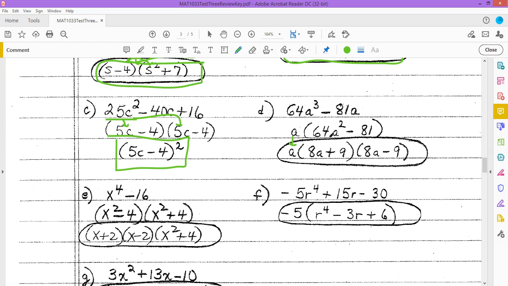And 64a squared minus 81, this is a difference of perfect square terms where you can identify your a and b. A term, our 8a, we're squaring 8 to get 64, and we're squaring a to get a squared. So 8a and 8a. And our 81, we square 9, so our b term is going to be 9. Our factors are 8a plus 9 and 8a minus 9. This is our answer.